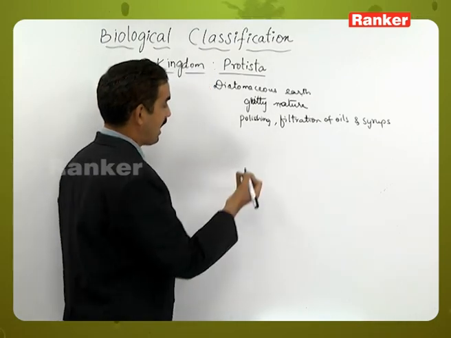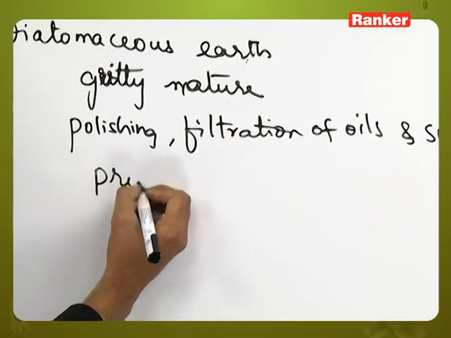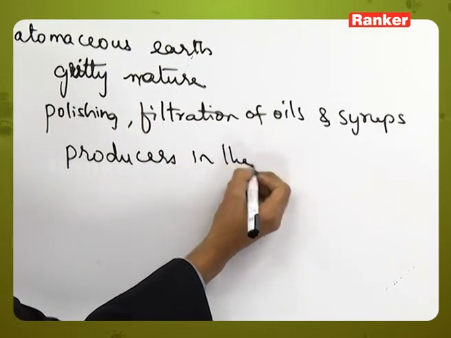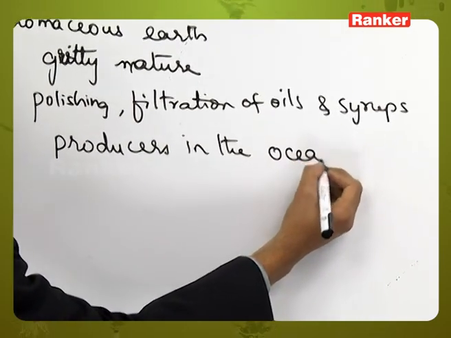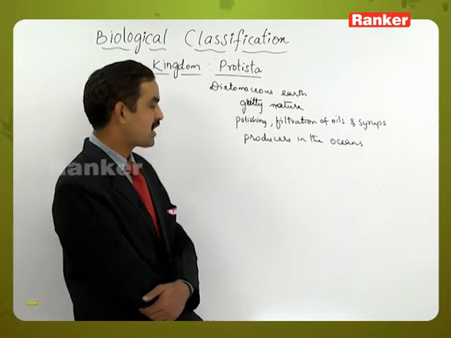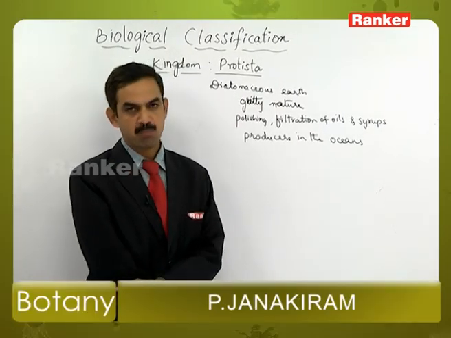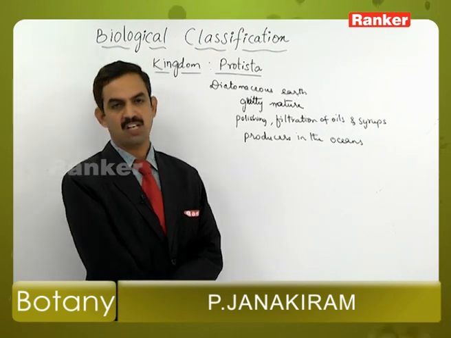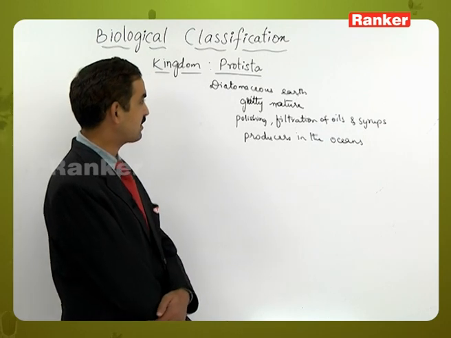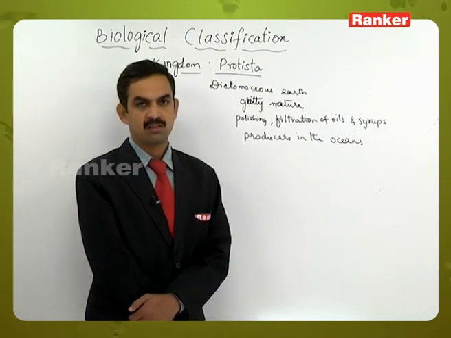The other significance is that these are the major producers in the ocean. In the trophic levels of the food chain, they occupy a dominant position in the first trophic level in the form of producers. So these are the two economic significances related to the chrysophytes.